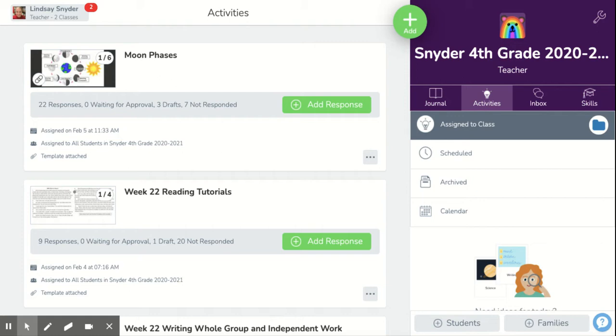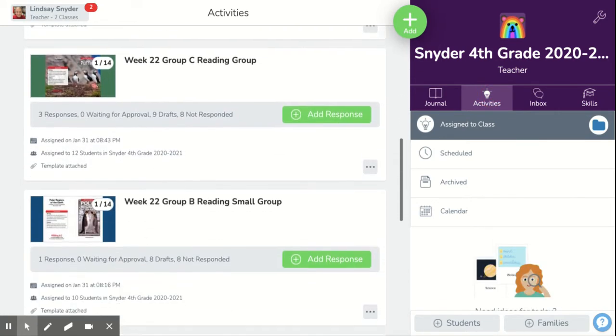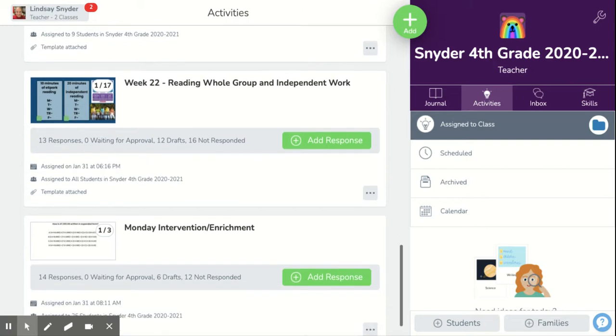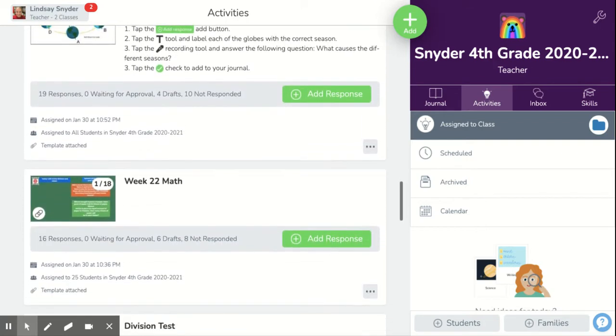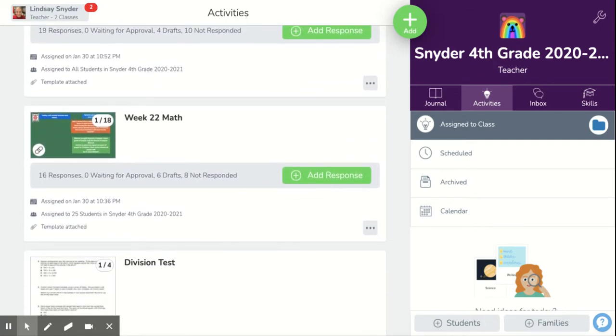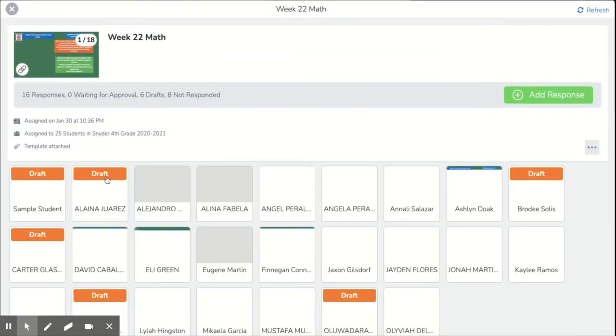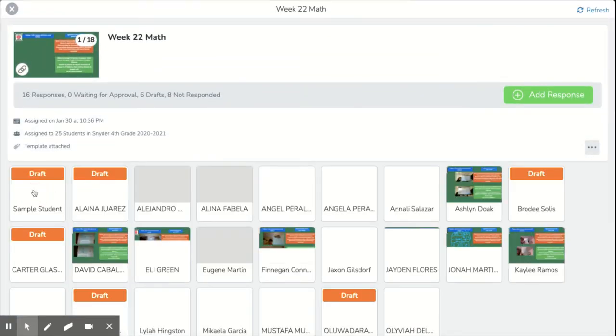In math today we talked about parallel and perpendicular lines. If you go to your Seesaw, go to activities, go down, down, all right, right here, week 22 math, and down towards the bottom.